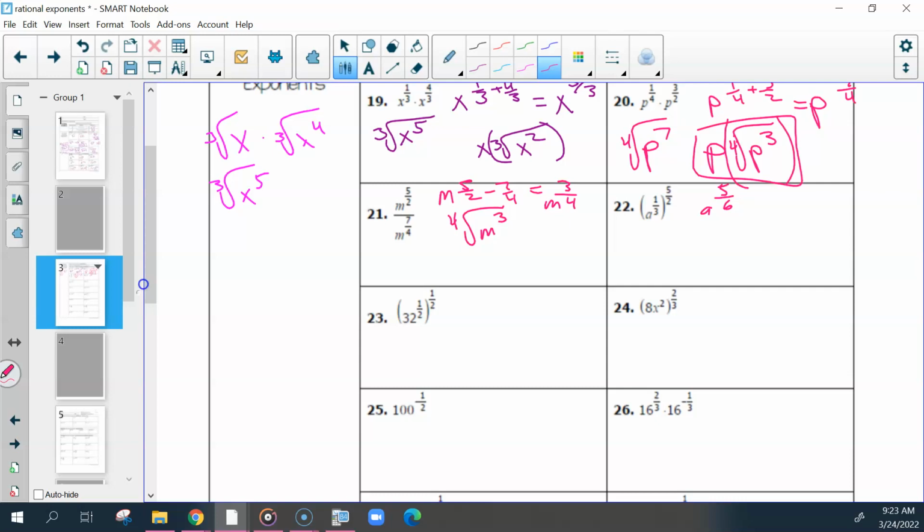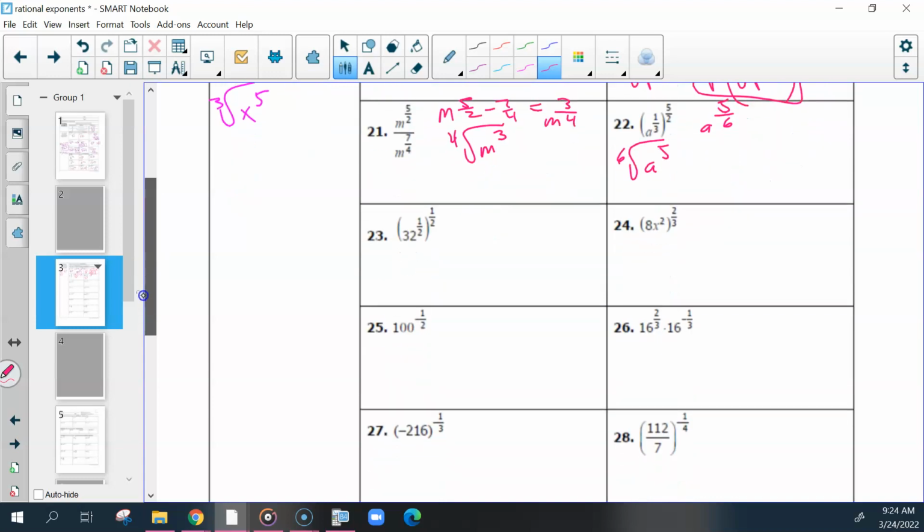And how would we write that in radical form? 5 over 6. Can we simplify this? No.